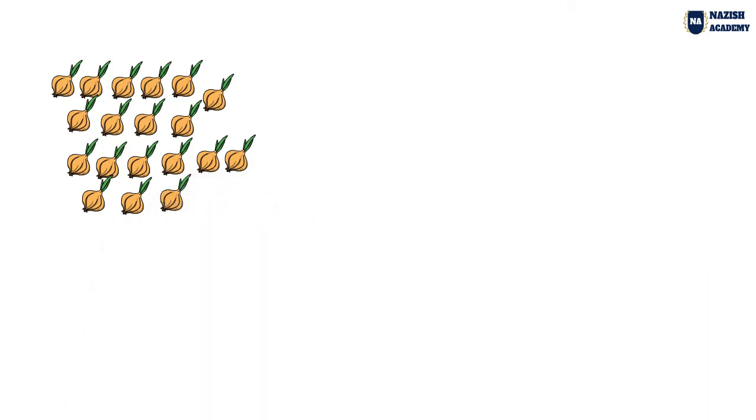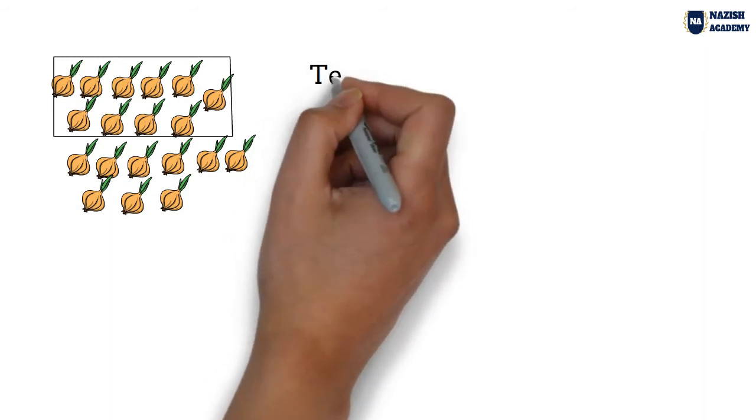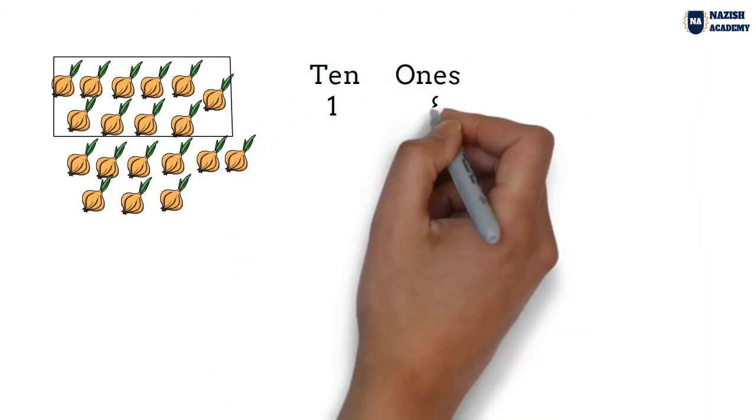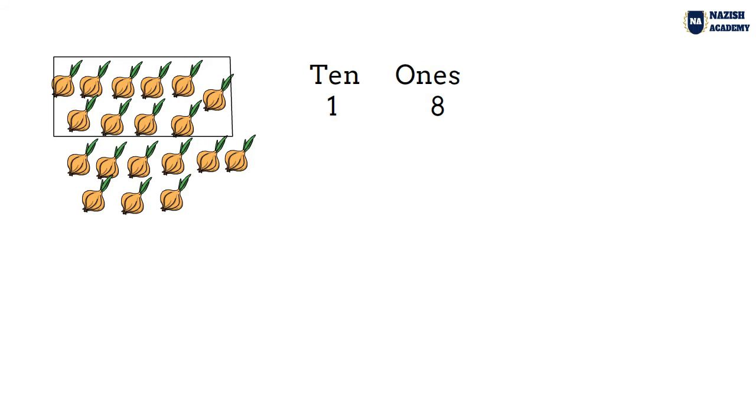We have to make a group of 10. 10 and ones. 1 is at the place of 10 and 8 is at the place of ones. 1, 8, 18.